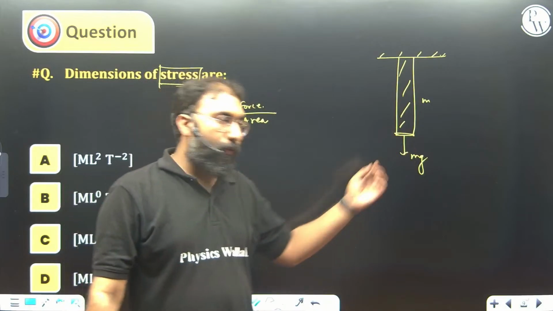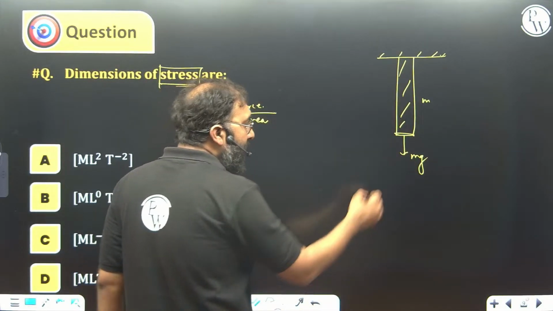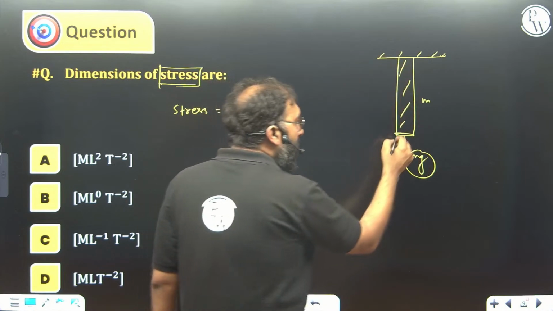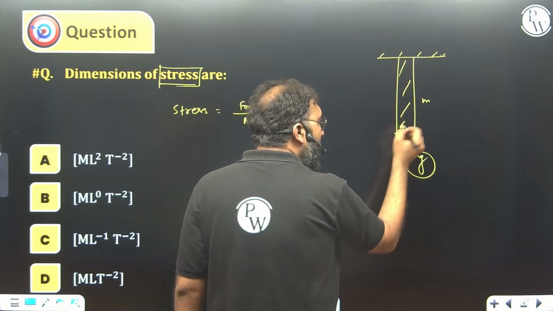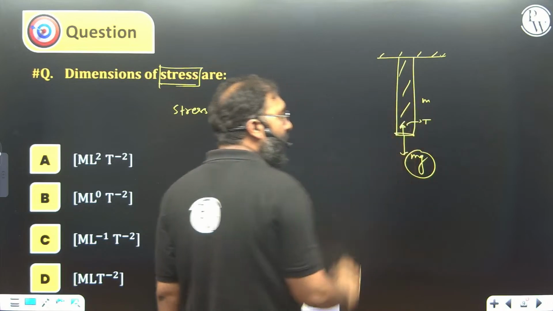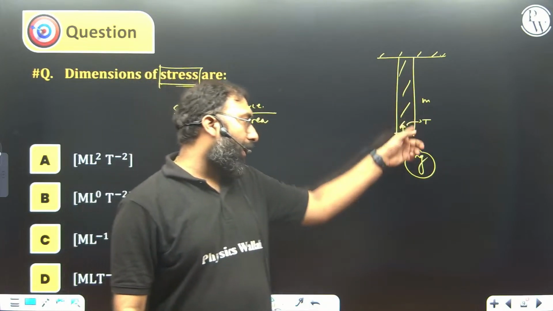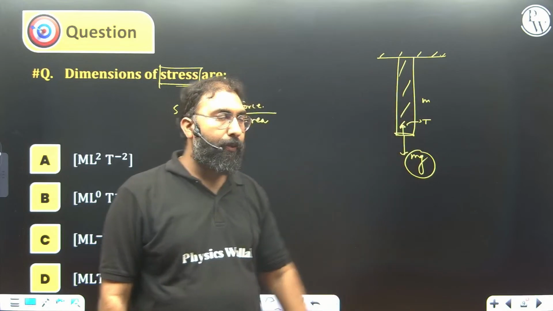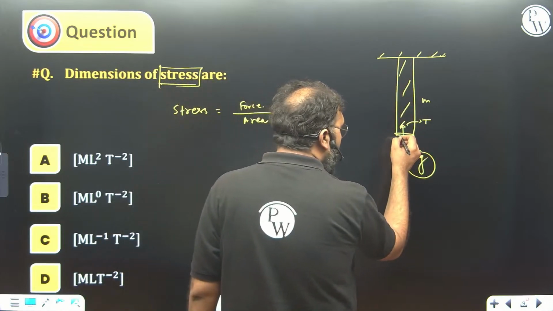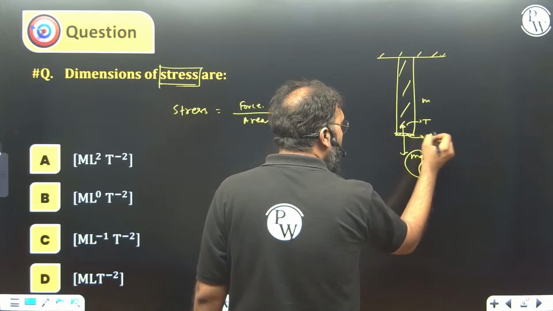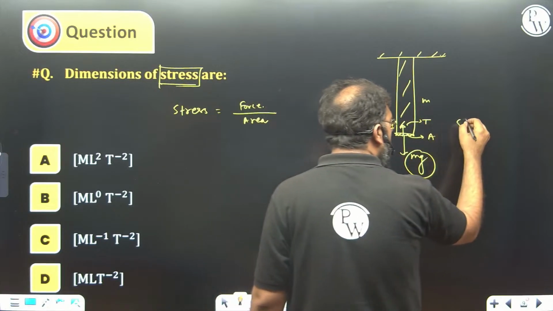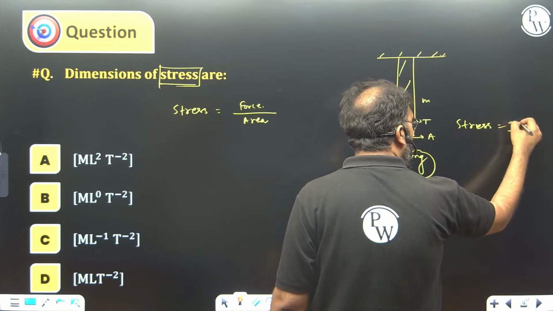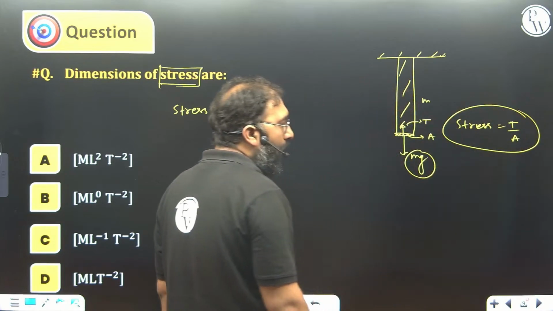Since this mg force is trying to elongate this string, there will be an internal force here, which we call the tension force in the string. So this tension will try to resist this change in the length of the string, and this tension force is acting on this area of cross section A. So in this case, the stress will be written as T divided by A. Okay, so this is how we can do it.